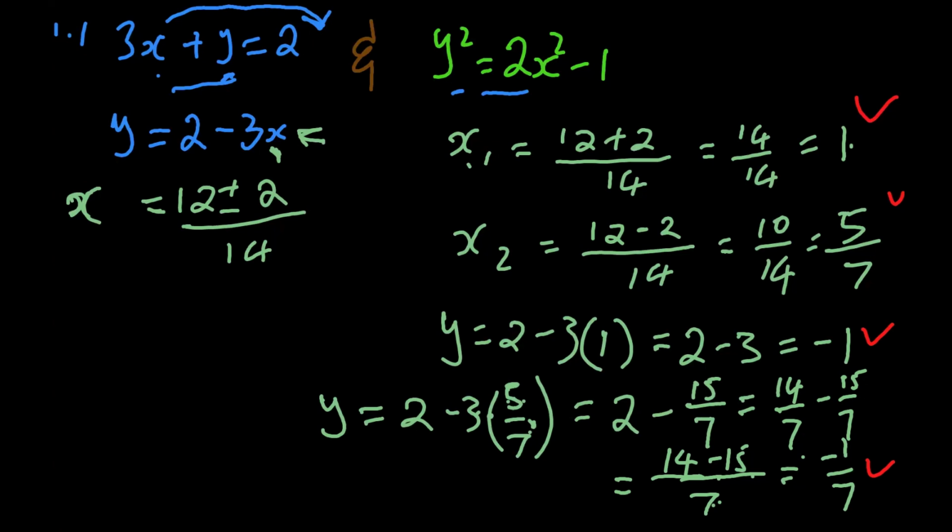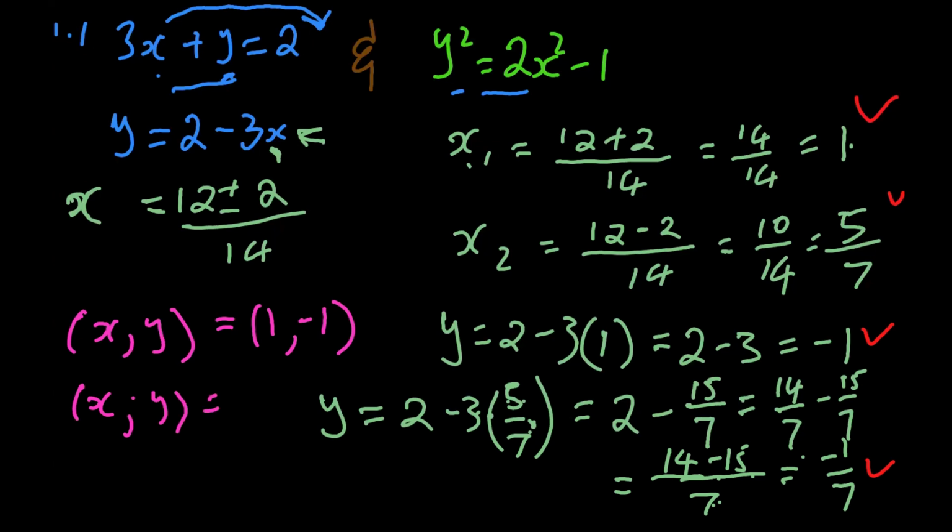All in all, the solutions to the system are, x, y is equal to 1, minus 1, and then x, y is equal to 5 over 7, minus 1 over 7.